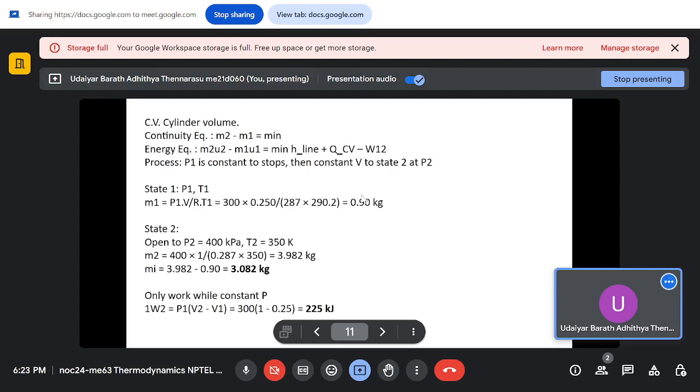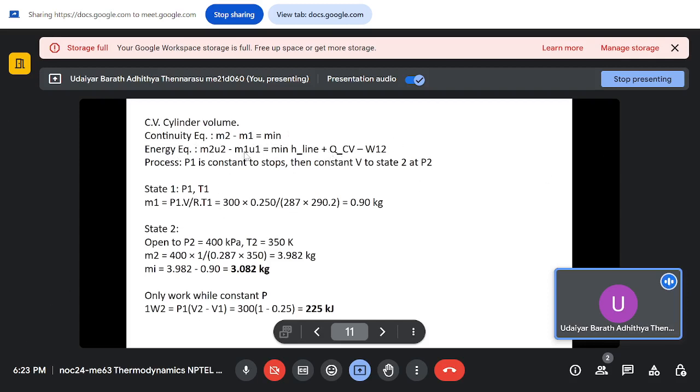So now we'll have to apply a control volume across the piston cylinder arrangement, and you have to apply a mass balance. Initially your mass was m1 and at the final state your mass is m2. So the change in mass is m_in. So m2 minus m1 equals m_in. Similarly, you apply an energy balance equation.